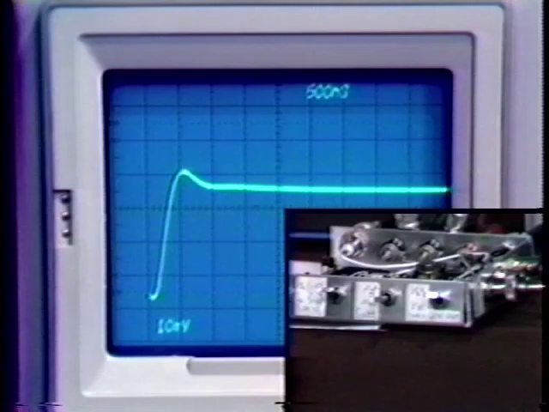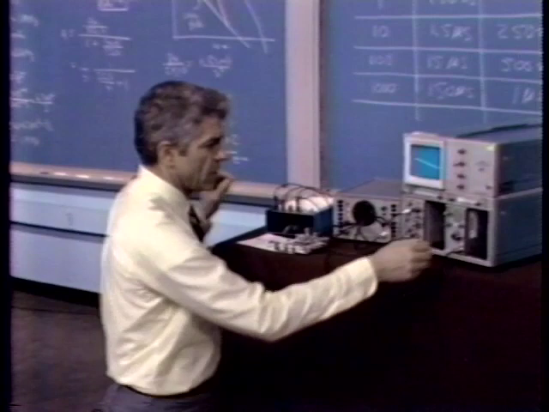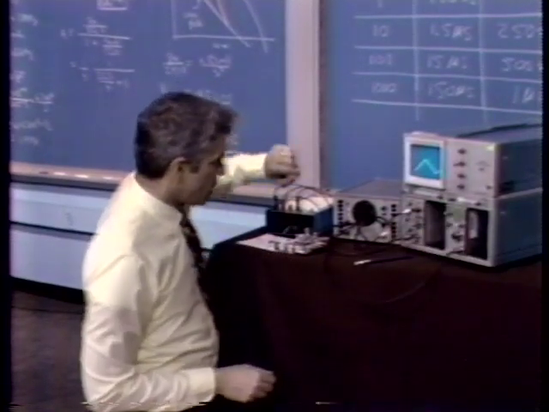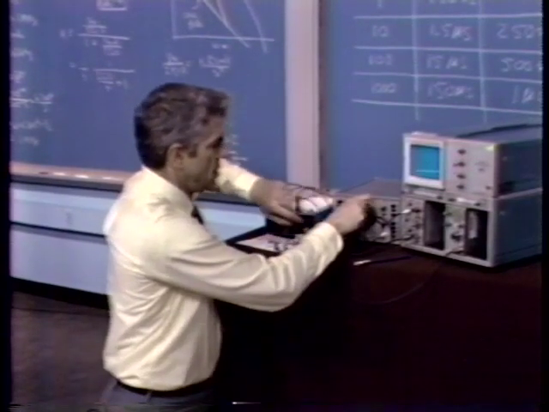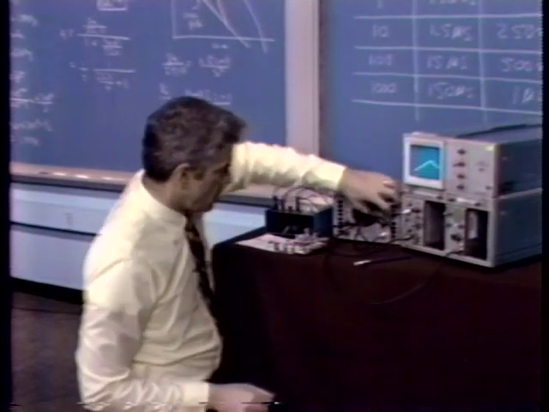Now let's look at errors for certain kinds of inputs, or for one input in particular. What I'd like to do is drive the system with a triangle wave, drive our amplifier with a triangle wave. And let's put in a much larger one than we now have.